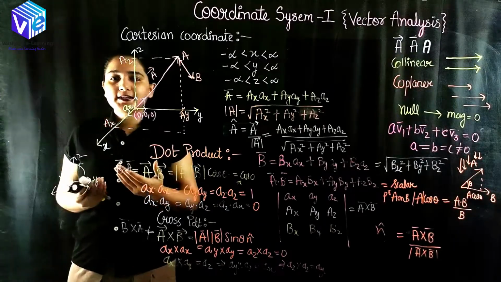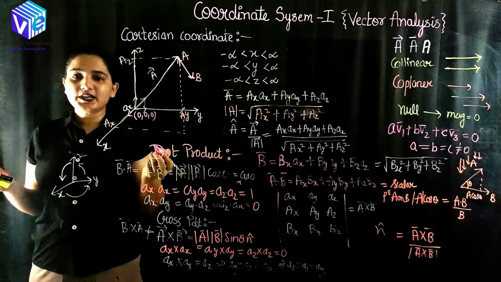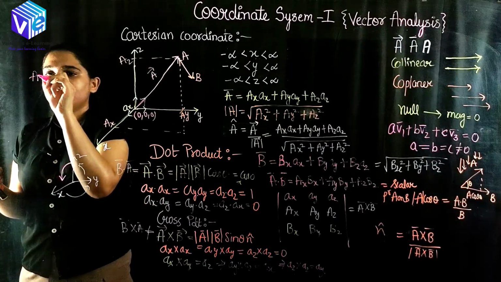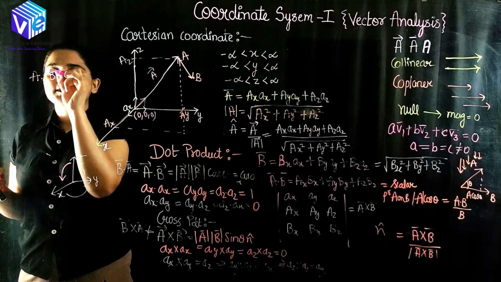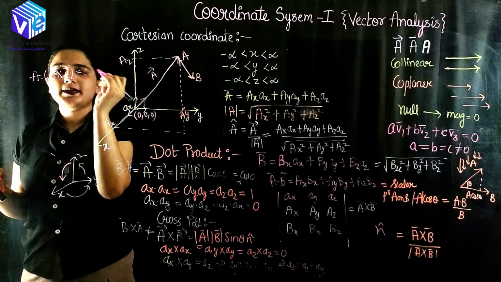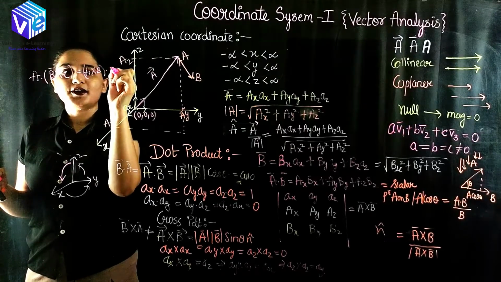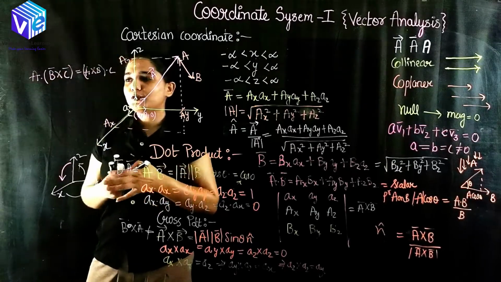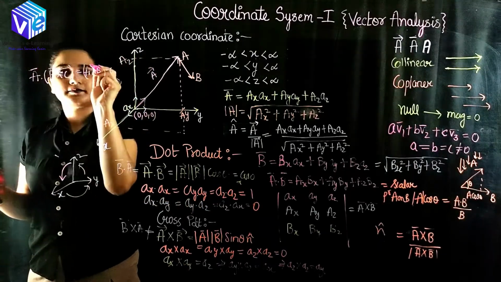Now coming to another term, which is the scalar triple product. If I have three vectors, the scalar triple product will be given by A dot B cross C, and it will be equal to A cross B dot C. What will be the output? All of them are vector quantities.